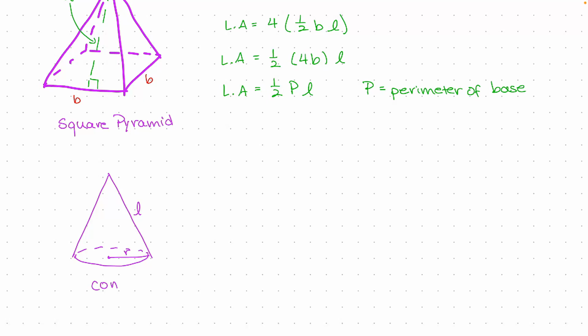So the lateral area for a cone, we can still call it 1/2 PL, but now we're talking about the perimeter of a circle. So that's just 1/2 times 2 pi r L. So the lateral area for a cone is just pi r L.